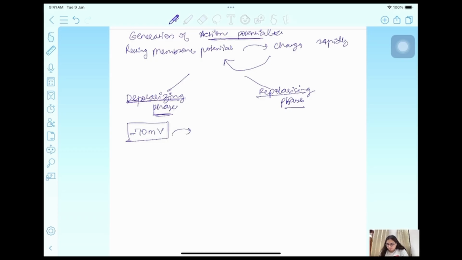When it becomes more positive or it moves to becoming zero, then positive. This is termed as the depolarizing phase. When the positive voltage of the membrane comes back to zero and then again the negative, this is termed as the repolarizing phase.